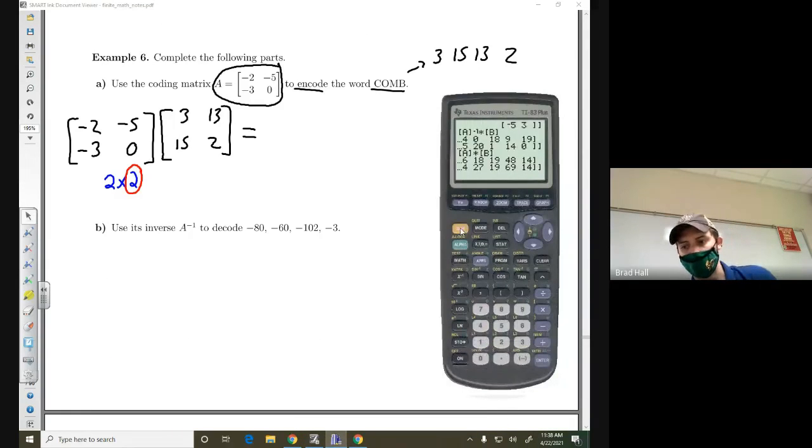But from here, the product is pretty simple. All we have to do is plug everything into the calculator. So that's -2, -5, -3, and 0 for the first matrix. The second matrix, it's a 2 by 2. It's 3, 13, 15, and 2.